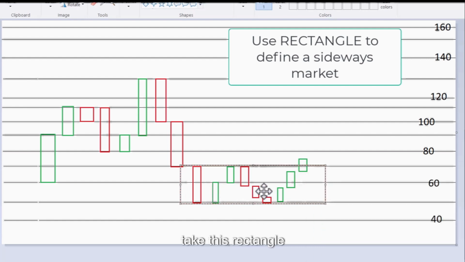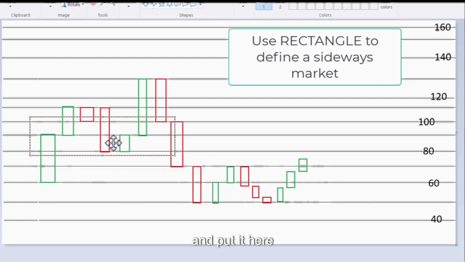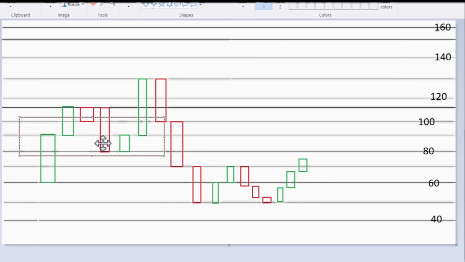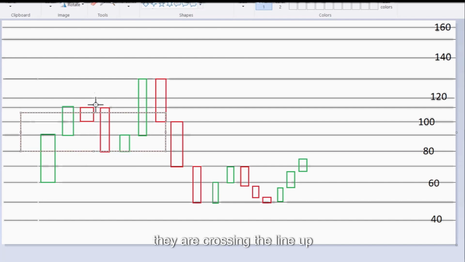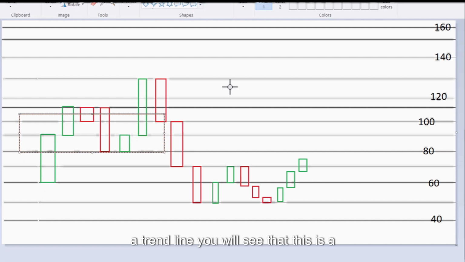If you take this rectangle and put it here, you will see that the candles do not fit within this rectangle. They are crossing the upper line or they are crossing the bottom line, which means that this is not a sideways market. So in this case, if you draw a trend line, you will see that this is a bullish market.